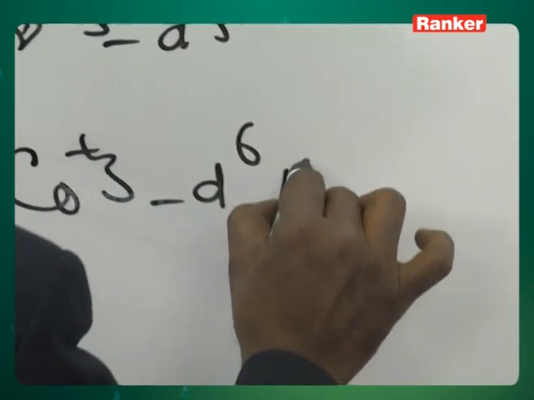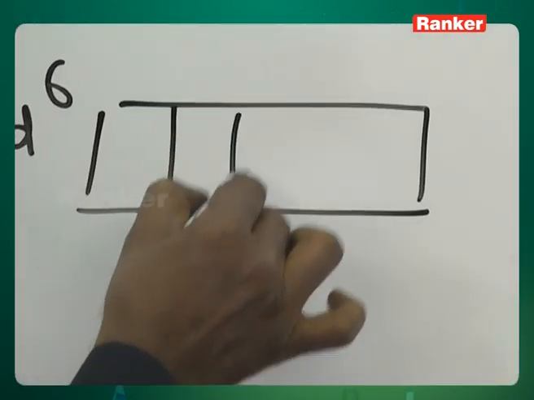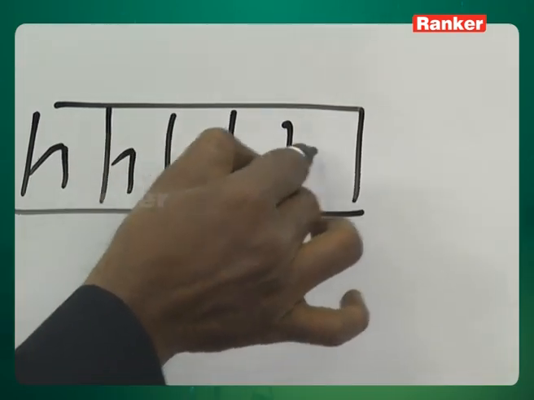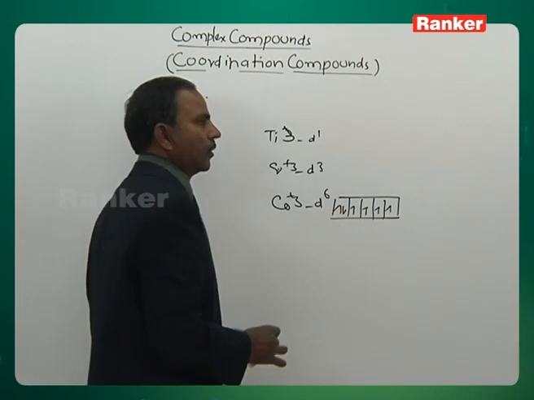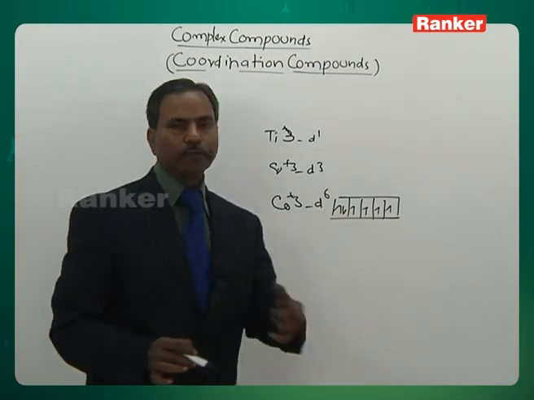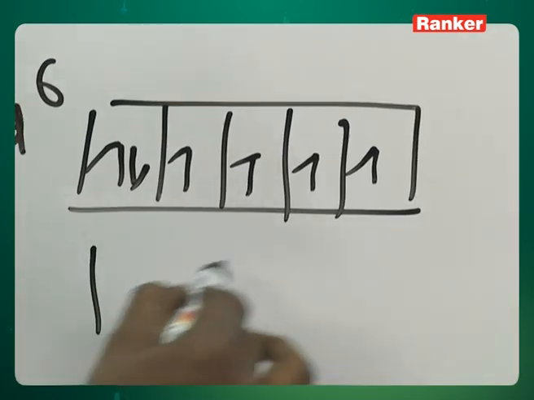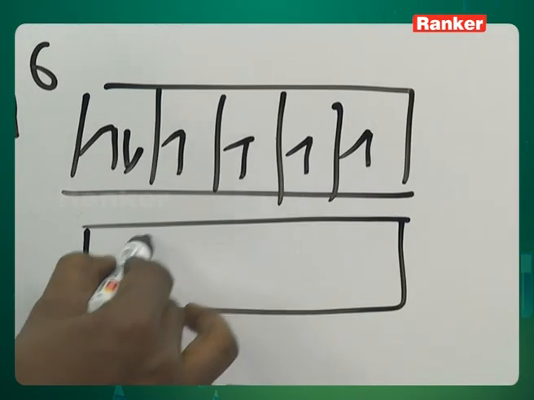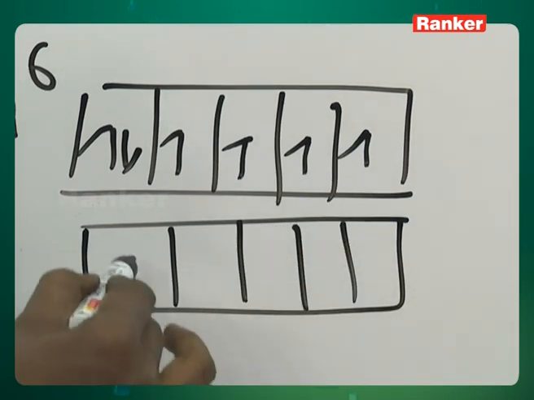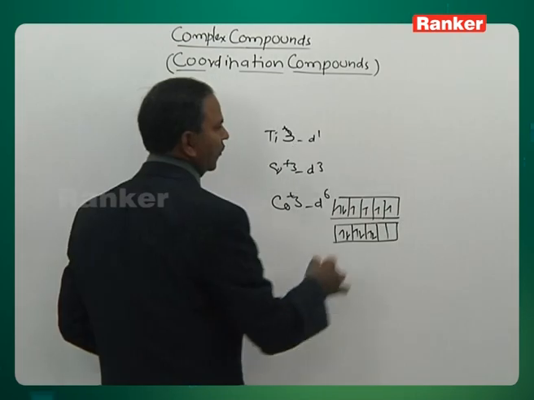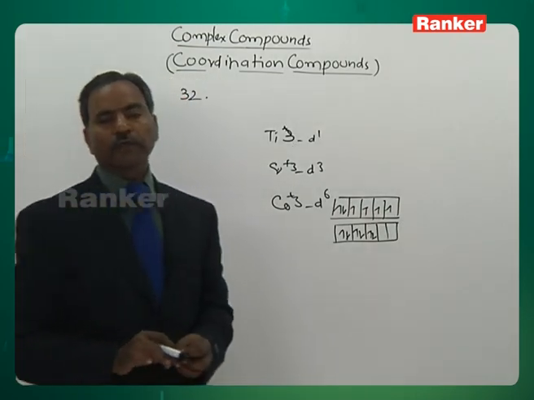D6 means this is the arrangement of electrons: 1, 2, 3, 4, 5, 6 in the free metal ion. Once the cyanide ligand is strong field, it will push the electrons to pair up. Then in the complex we can say the rearrangement is taking place, 1, 2, 3, 4, 5, 6. There is a rearrangement of 6 electrons. Therefore, see the answer here.